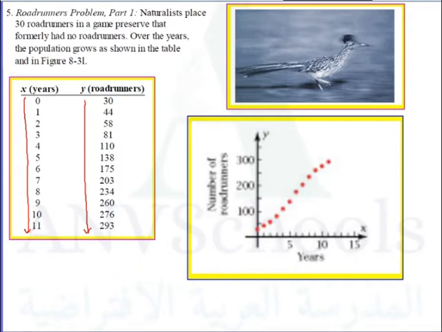So making a scatter plot of the data, let me just clarify this. This is years, and this is 5, 10, 15, and this is 100. These are the number of roadrunners, 200, 300, okay?